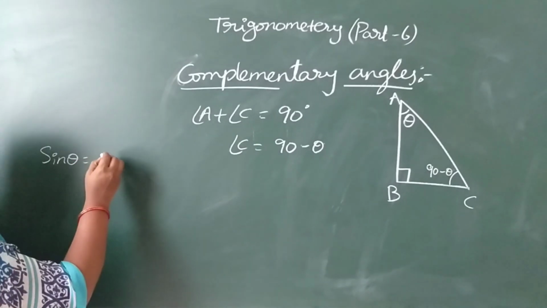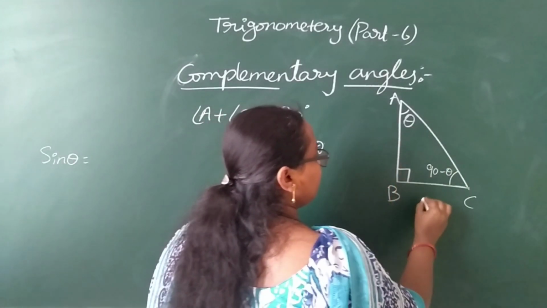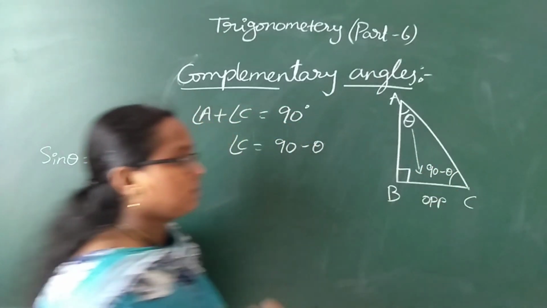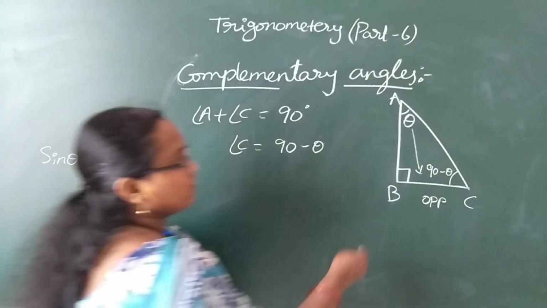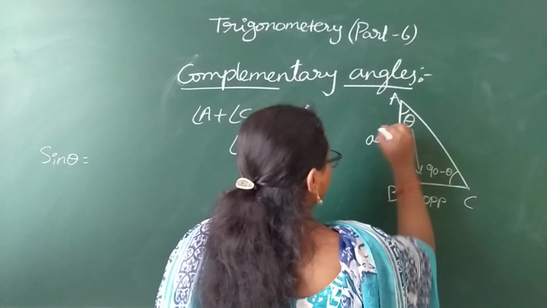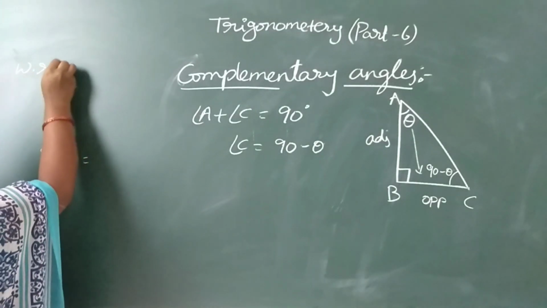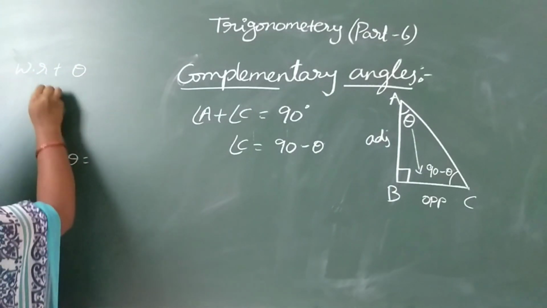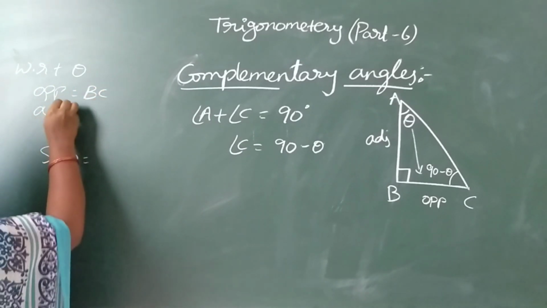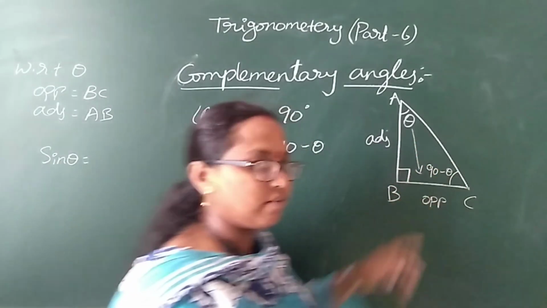When I take theta, the opposite side is BC and the adjacent side is AB. So with respect to theta, the opposite side is BC, the adjacent side is AB, and the hypotenuse is fixed, as we have already discussed.